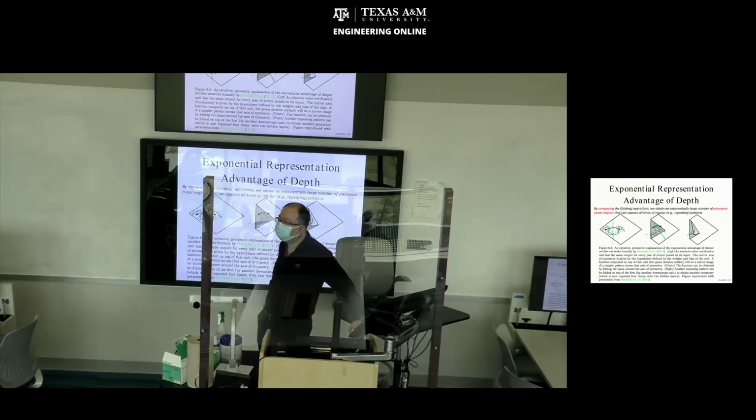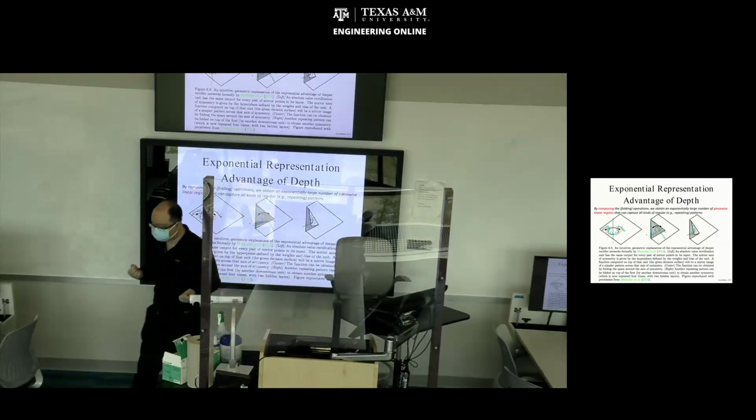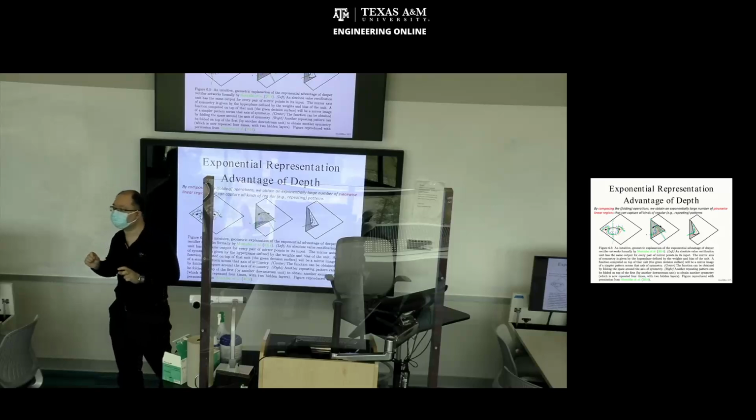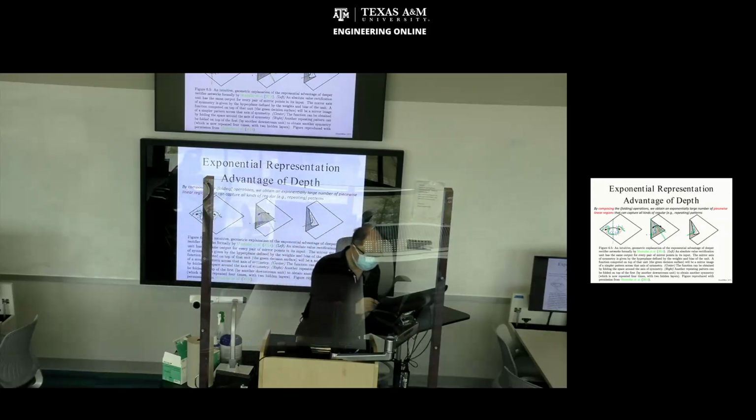So remember, by folding the paper, what I'm doing is seeing how sequential folding can reduce a complex function into a very simple function in this final fold.